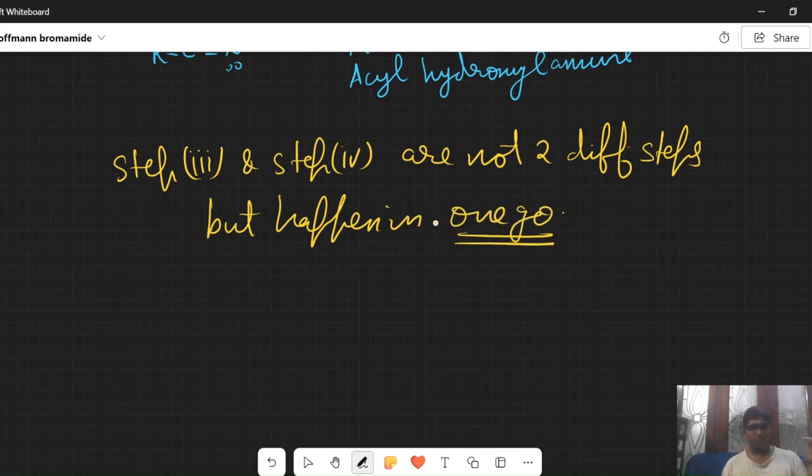So this is where it gets interesting. If both are the same step, a transition state is formed, a cyclical transition state is formed.